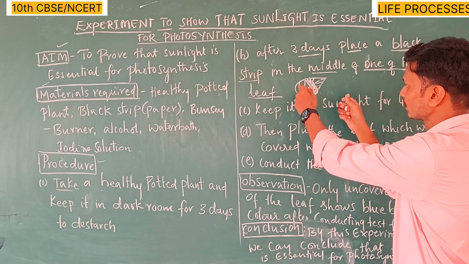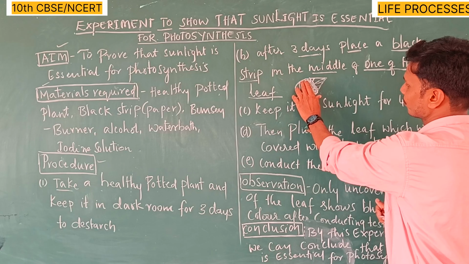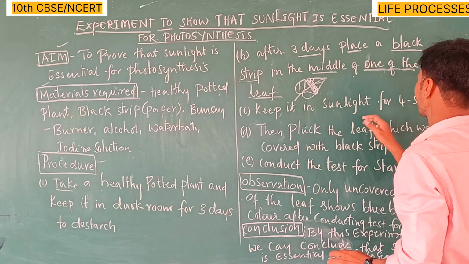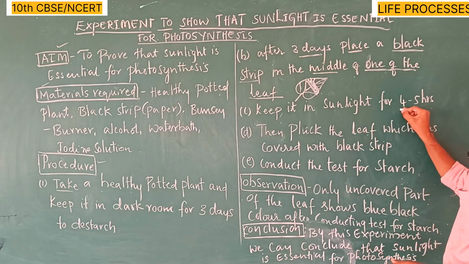Then after placing the black strip, you should keep the same plant in sunlight for 4 to 5 hours. Why are we keeping it in sunlight for 4 to 5 hours?